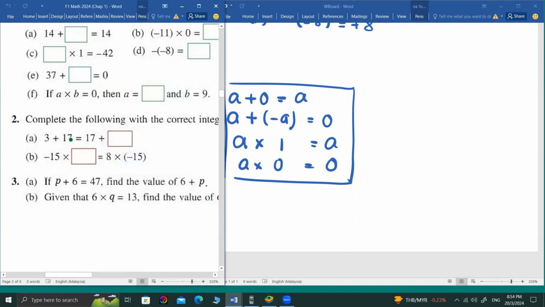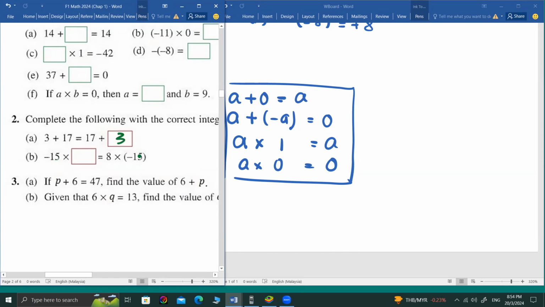3 plus 17, same as 17 plus 3? 1加2是不是等于2加1? 1 plus 2, is it equal to 2 plus 1? 3 plus 4 equal to 4 plus 3. 3 plus 17 equals 17 plus 3, yeah.